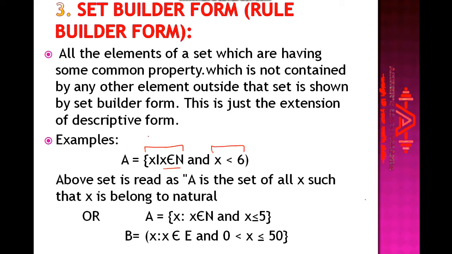In the belonging part, we let a variable x belong to any set. And in the range part, we have to define its range, either less than 6, greater than 6, or equal to 6, or the number varies from 1 to 6.